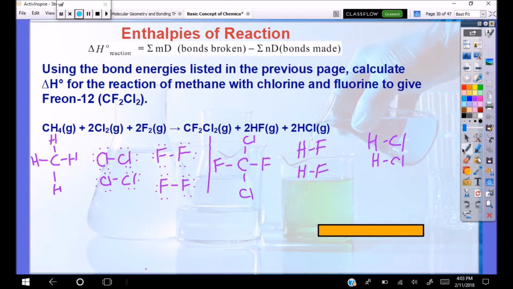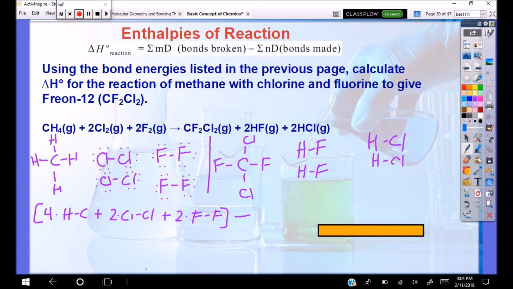So I'm going to set this up. I'm going to say I'm breaking 4 times whatever my CH is. Or sorry, not HCl, my CH. I'm breaking 4 carbon-hydrogen bonds. I am going to break 2 chlorine-chlorine bonds, and I'm going to do 2 times my fluorine-fluorine bonds.